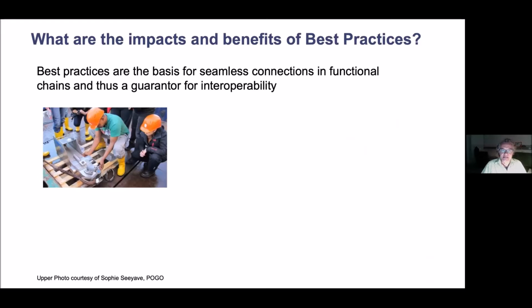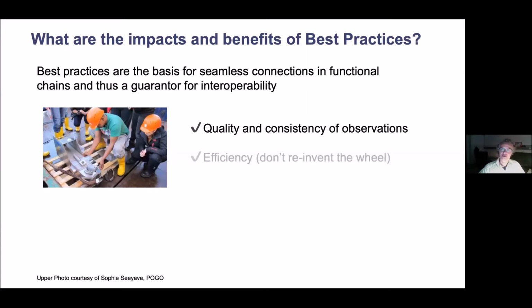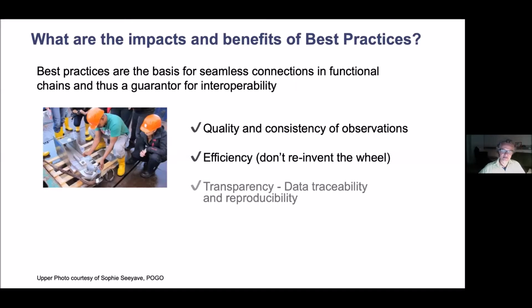They are the basis for a seamless connection in functional chains, for example, the ocean observing value chain. They are therefore a guarantor for interoperability all along that chain. And they have a number of attributes. Quality and consistency of observations is what best practices ensure. They also ensure efficiency because you do not need to reinvent the wheel or measure the same thing again.